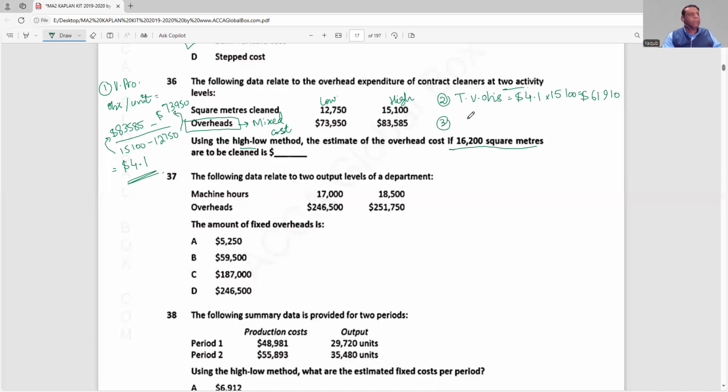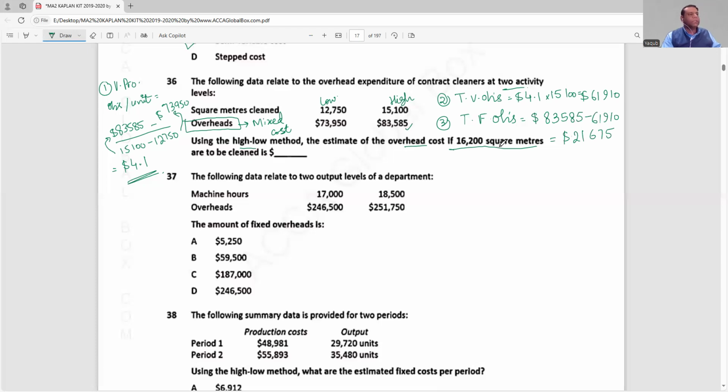In step number three, we will calculate total fixed overheads, where fixed overheads are equal to total overheads at the highest activity level, 83,585, minus total variable overheads, 61,910. So we have 21,675 total fixed overheads.